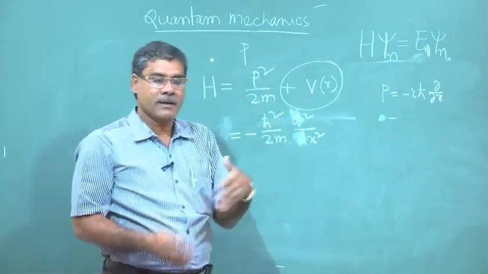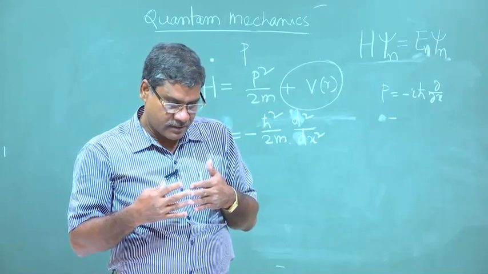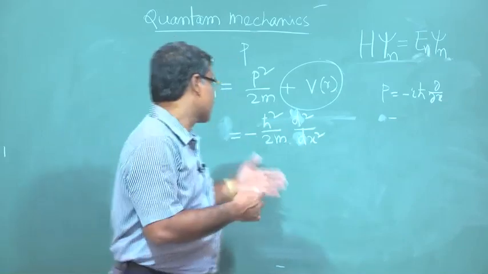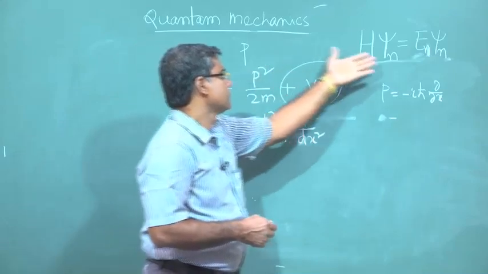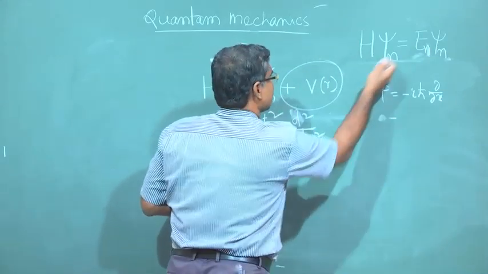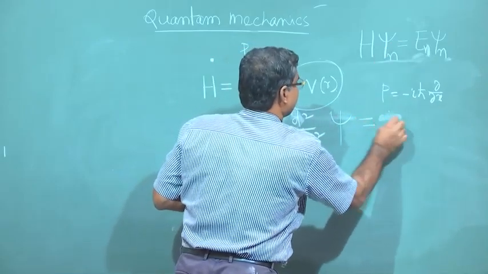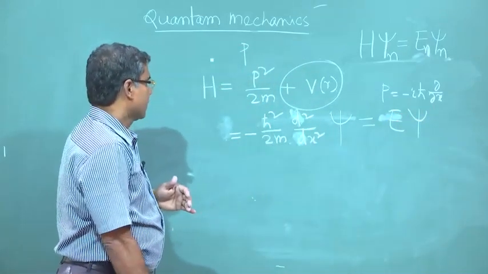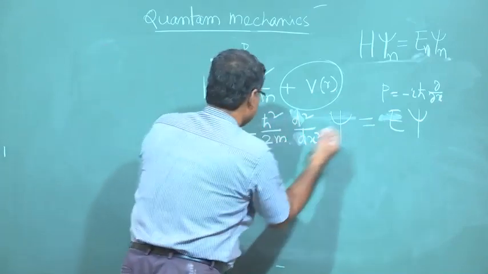So, this is my problem, Hamiltonian. As per my problem, or as per my system, I have to write the Hamiltonian, and then this Hamiltonian will be put on this psi, and then I have to write this, okay. So, then what are you getting from here?